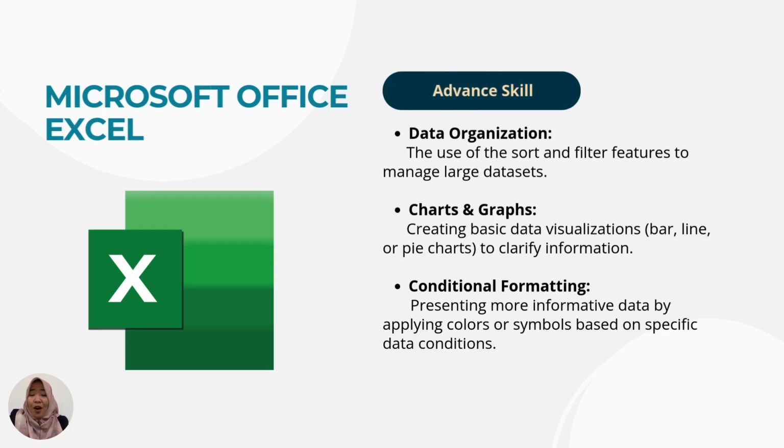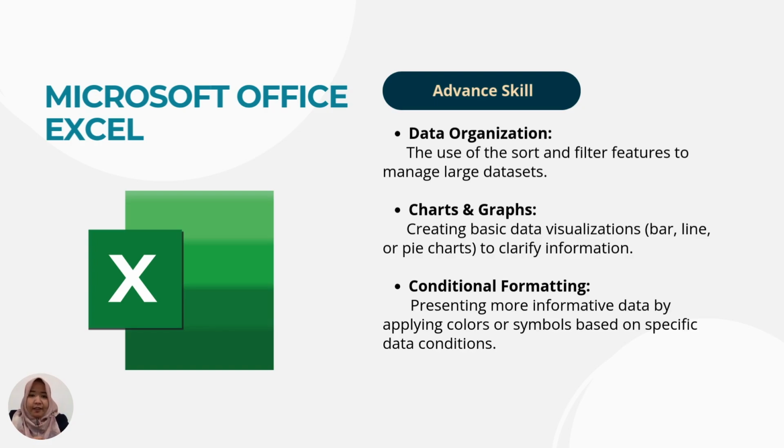Next, what is required for having advanced skills in Microsoft Office Excel? There are three skills considered as advanced skills. The first one is data organization. You should be able to use the sort and filter features to manage large data sets.